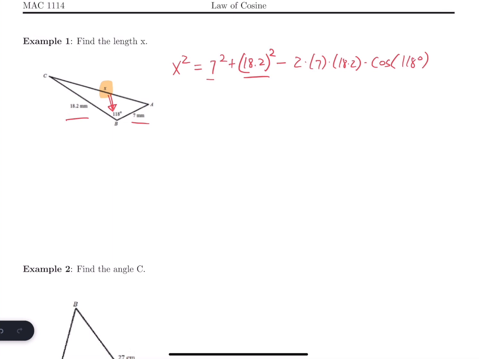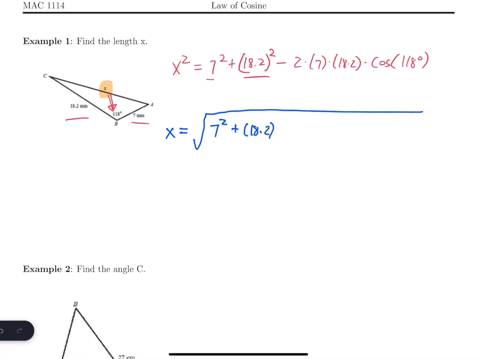So we just found x squared. But we're finding x, so we have to square root this. And here we're not in a particular standard position or coordinate system. So although we'd get plus or minus, because we're thinking of a triangle in a geometrical sense, lengths are always positive. So no need to write plus or minus. We're taking it as a positive length.